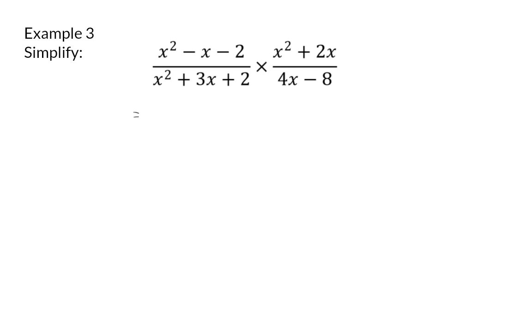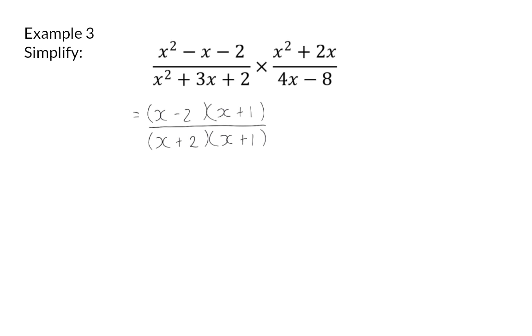In the top left numerator, we have a trinomial, which we can factorize in x minus 2 times x plus 1. If you are unsure about the factorization, have a look at the previous few videos again. In the denominator, we have another trinomial, and this one can be factorized in x plus 2 and x plus 1.